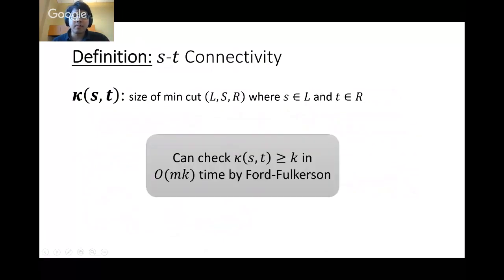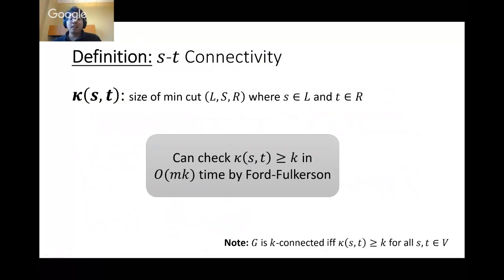And just to recall again, we can straightforwardly check if ST connectivity is at least K by running Ford-Fulkerson in MK time. And just to make sure that we are on the same page, G is K-connected if the kappa ST connectivity for every pair is at least K.